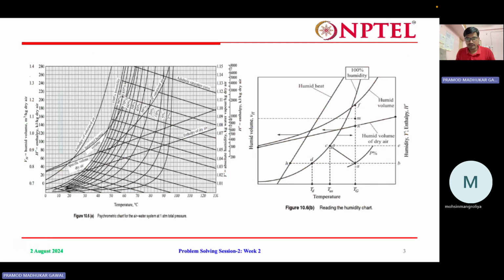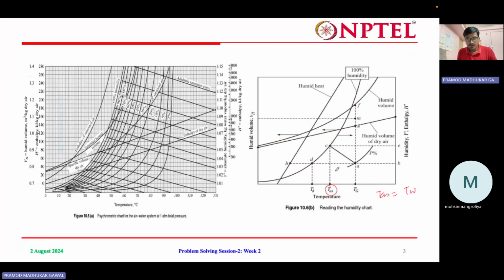After that, draw the line towards the temperature axis, the x-axis. The temperature we get is TS, the adiabatic saturation temperature, which is generally equal to the wet bulb temperature TW.